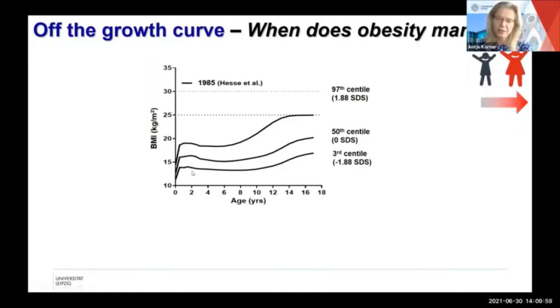The definition is also based on the body mass index, but of course we need to consider the development of the child. So we don't have fixed cutoffs for the BMI, but we do have percentiles. In Germany, for example, obesity is defined as a BMI above the 97th percentile, or sometimes you will see the standard deviation score, which is an equal measure.